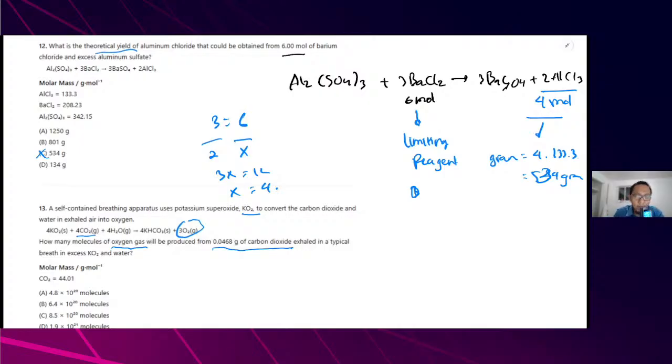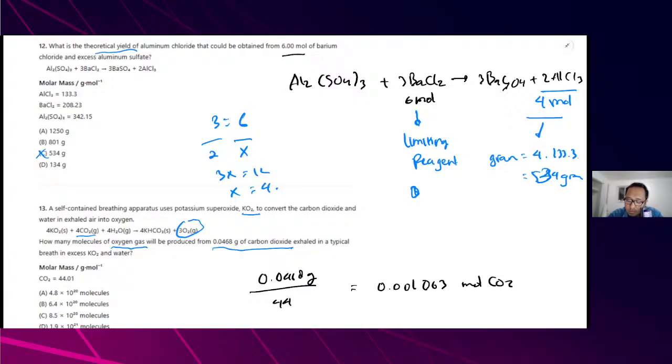It's very easy: 0.0468 gram over the molar mass, which is 44, so the answer will be 0.001063 mole CO2.